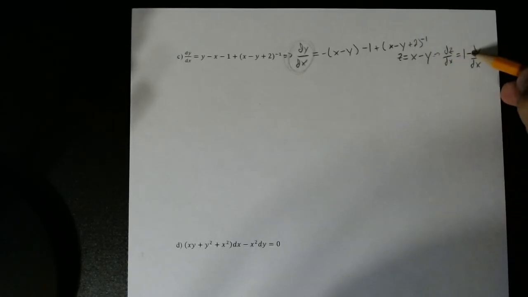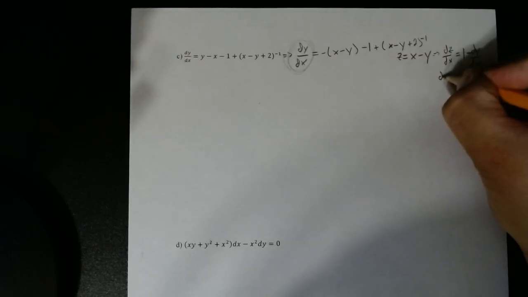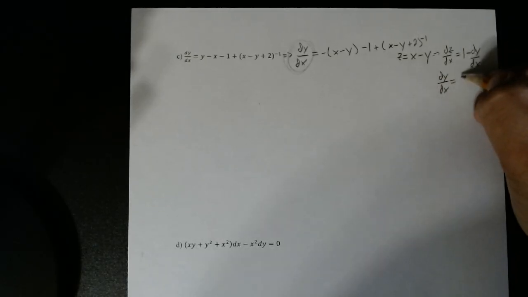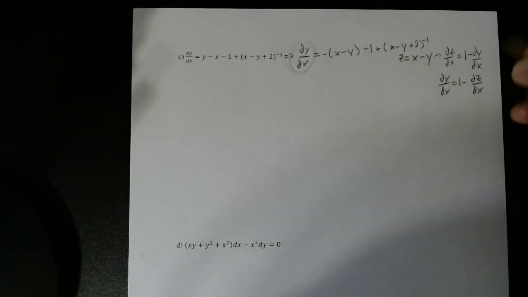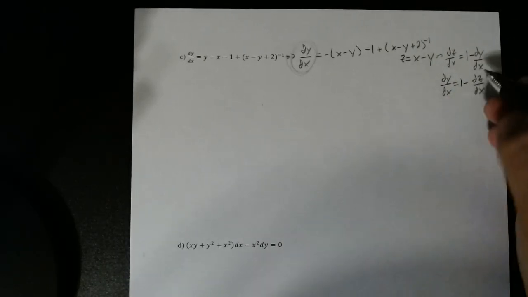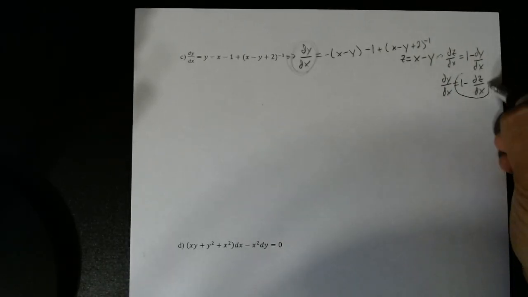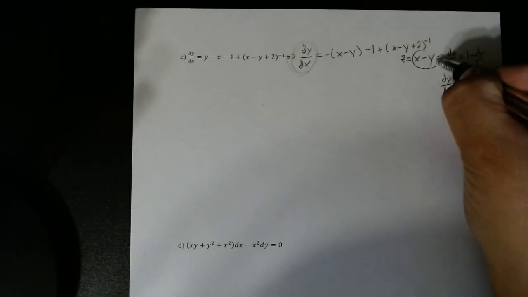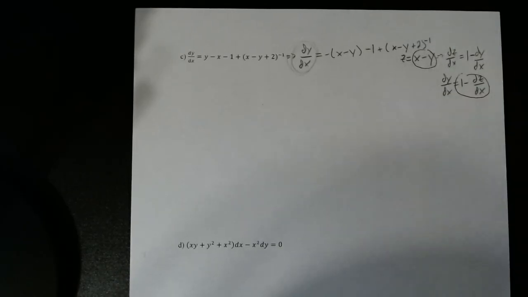And if I solve for this, it just ends up being dy dx is equal to 1 minus dz dx. Okay. So now I'm going to substitute this and that respectively for each one.